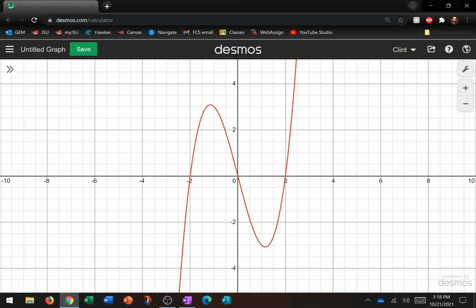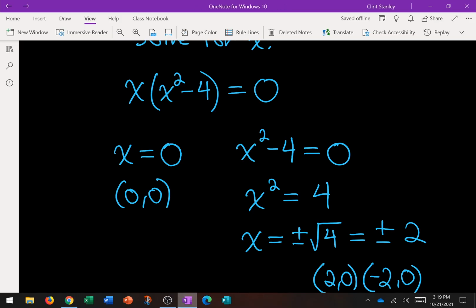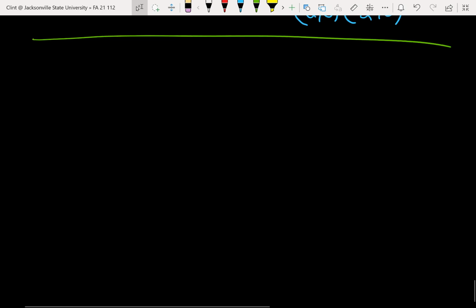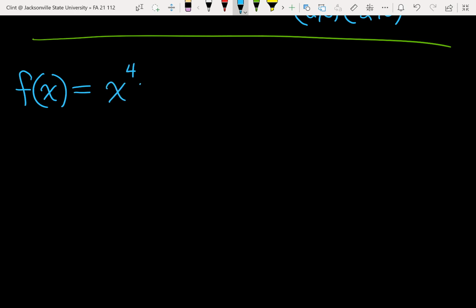All right, so let's do another one. Okay, so new polynomial function. This time let's do one that's not already factored.